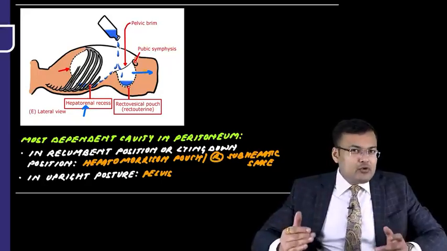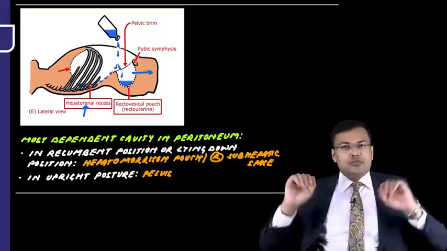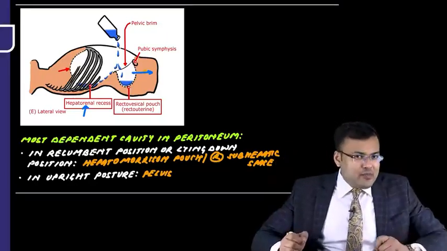The same question is asked in surgery in an altered form: what is the most common site of intraperitoneal abscess when the patient is in the lying down or recumbent position?